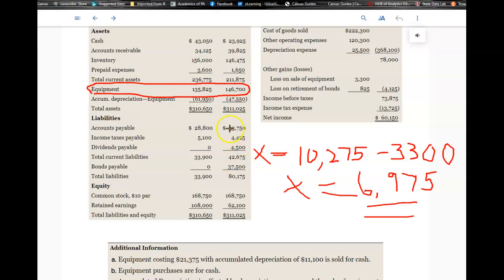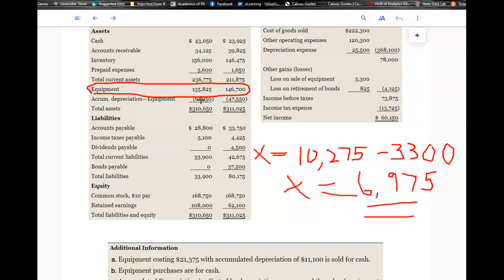So essentially what we did is we started with the 146,700, we subtracted the piece of equipment that we sold, then we looked at the difference between that and the number that's being reported in 2019 of 135,825, and the difference was $10,500. And so that's the new equipment that was purchased.